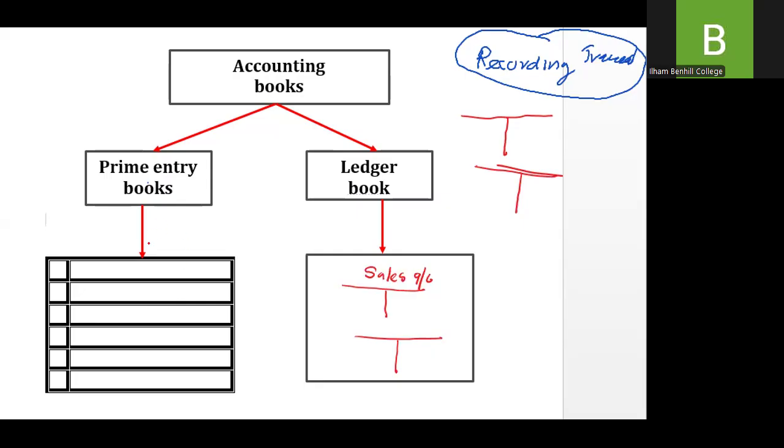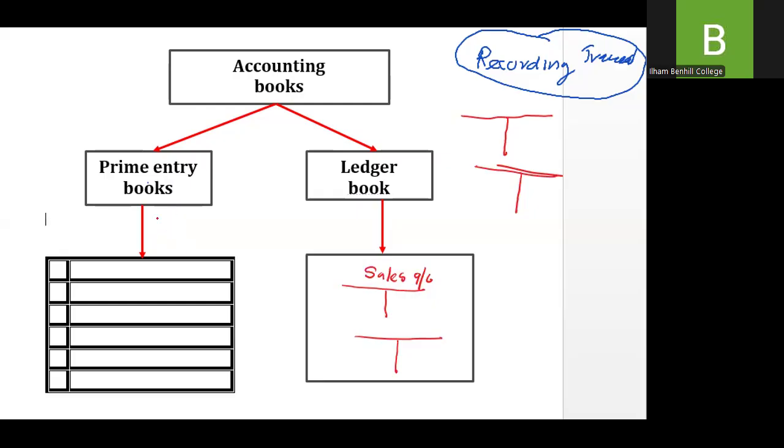So we record daily credit sales or whenever it happens. End of the day, we record in the sales journal and total it end of the month. So we'll say during a particular month, we have sold goods on credit 10 times, not every day, maybe.